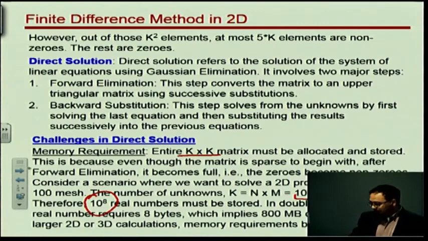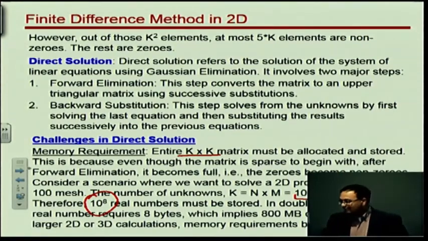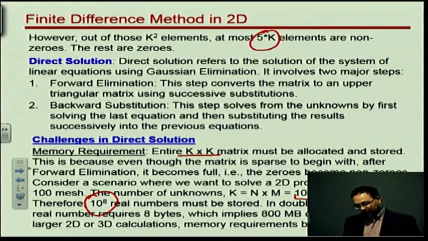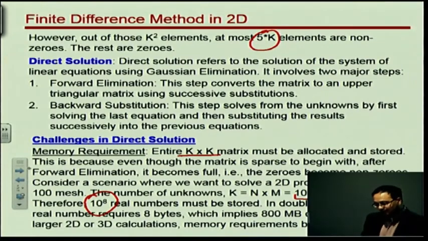We should really make use of the fact that only that many non-zeros are in the matrix. Really, we are wasting a lot of memory, because we start with 5k non-zeros, but we allocate memory for k squared real numbers. It's important to understand that computers don't distinguish between a zero and a non-zero. To it, everything is a real number.